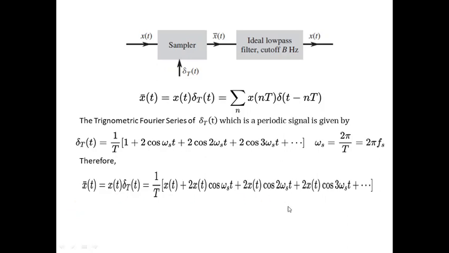In order to study how the signal can be recovered after sampling, we need to analyze the signal in its Fourier spectrum domain. Hence, this x cap of t, which represents a discrete time signal, can be analyzed in the Fourier domain. To do that, we have to find the Fourier spectrum of this entire expression.